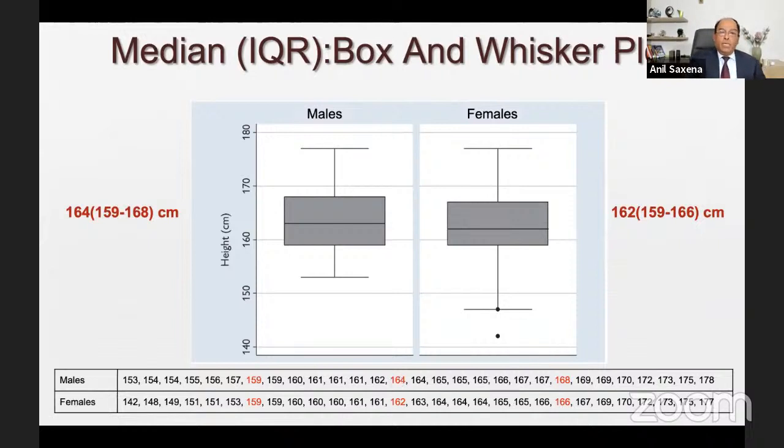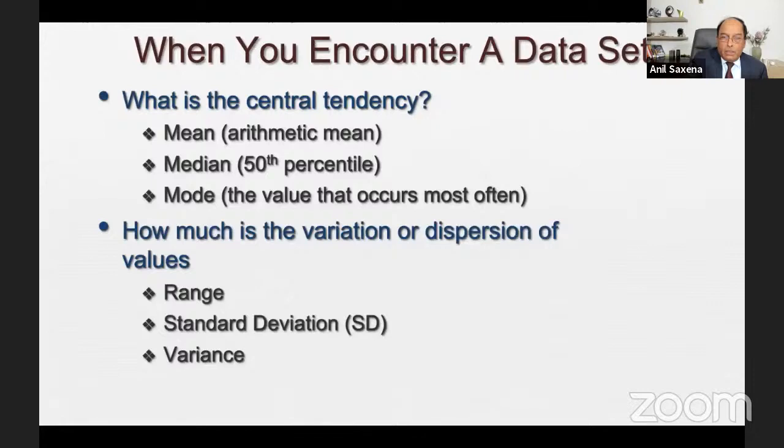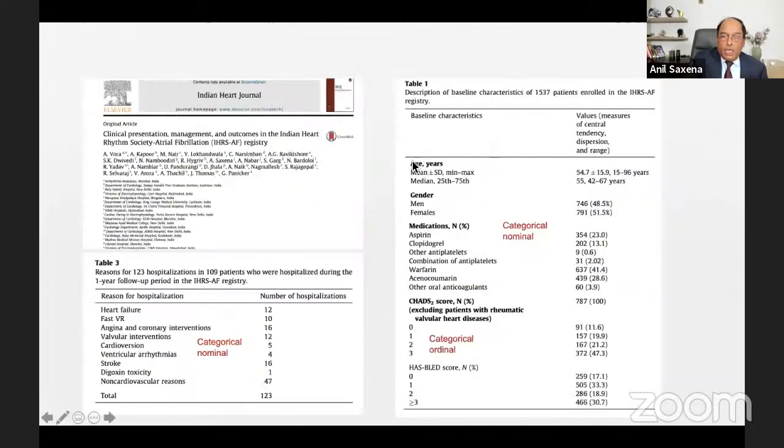Now the important thing is how median is displayed. Let's go back to the previous one, this one here. In the right table, they have mentioned age, mean plus minus standard deviation. So we have 54.7 plus minus 15.9. And they also mentioned the age range, 15 years to 96 years.